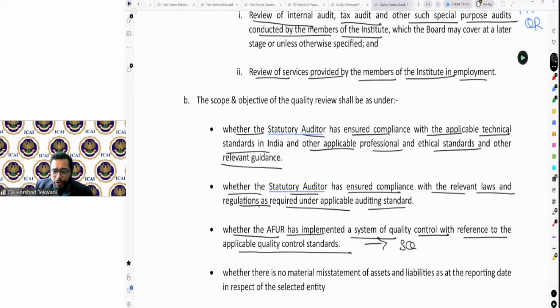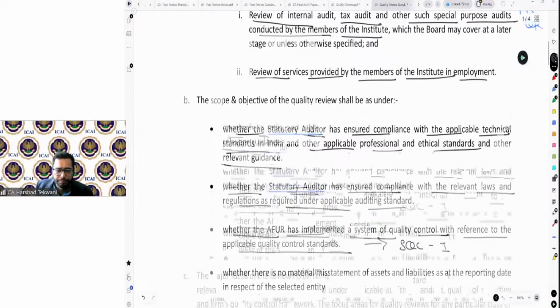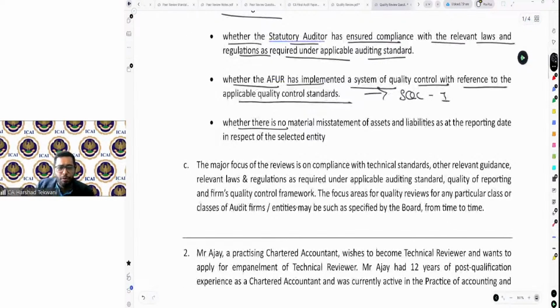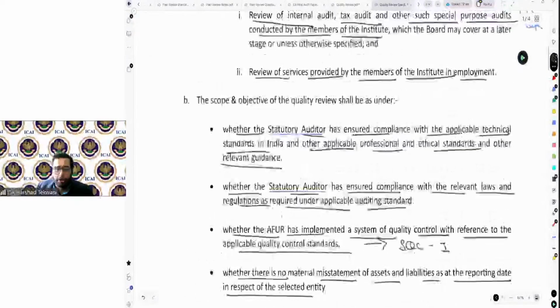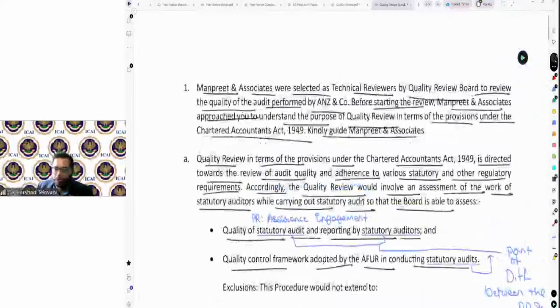So this talks about SQC 1. Whether there is no material misstatement of certain liabilities at the reporting date in respect of the selected entity. So that is basically the whole scope of my quality review.